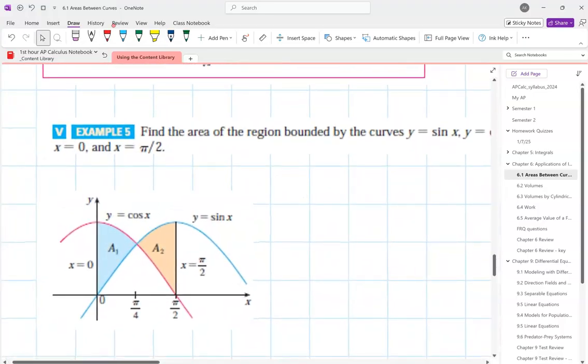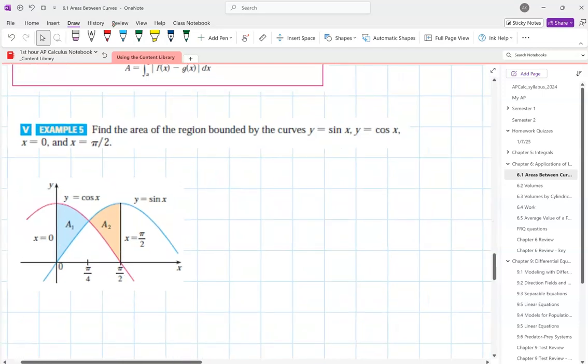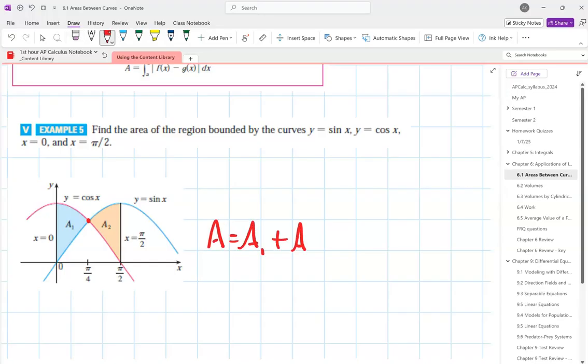So let's say we want to find the area of the region bounded by the curves y equals sine x and y equals cos x between 0 and pi over 2. I notice that they switch which one is the upper and lower at pi over 4. So my area is just going to be A1 plus A2.